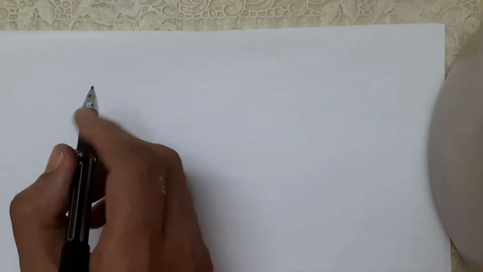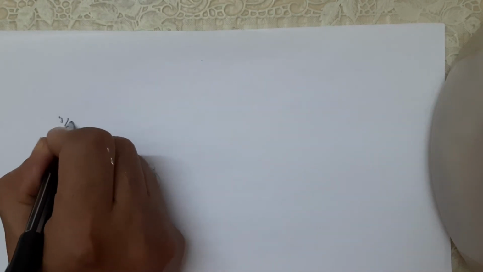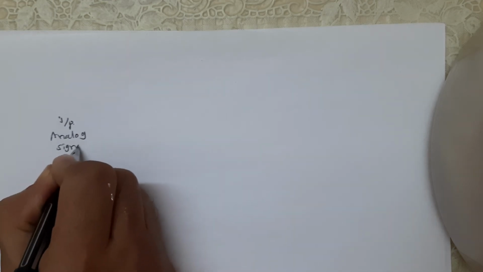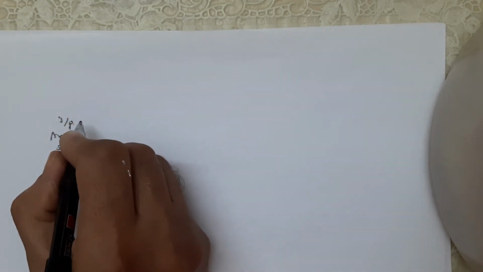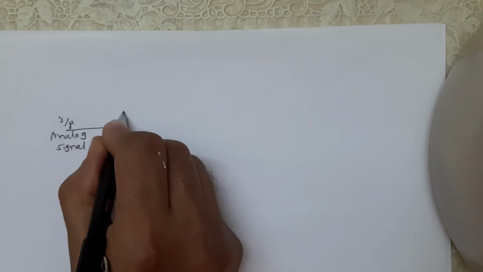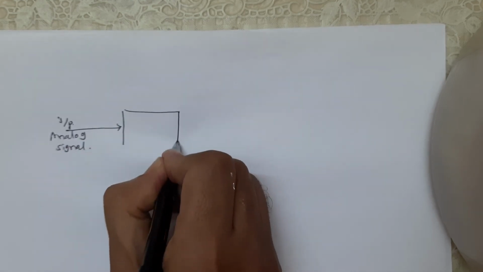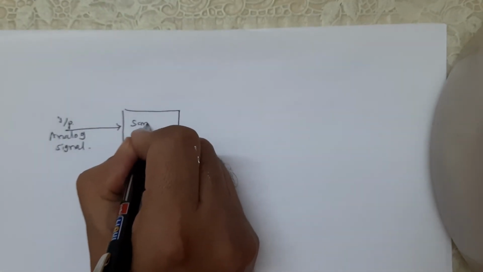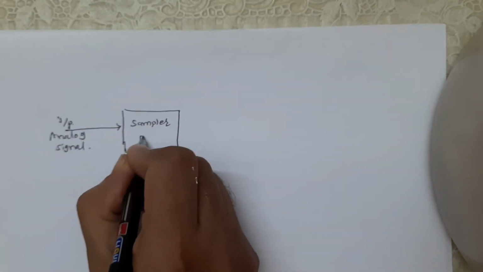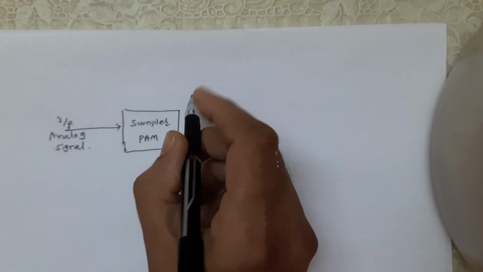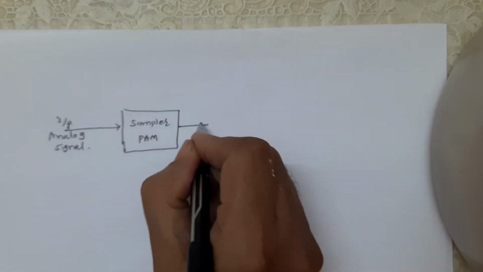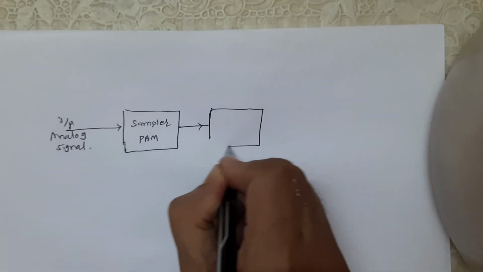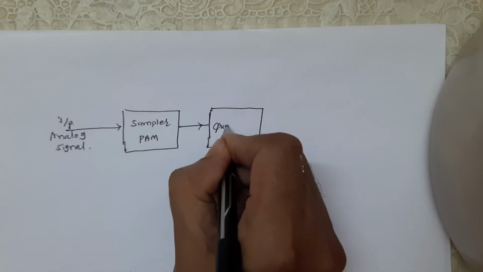This is your input analog signal. It is given to the sampler, PAM, pulse amplitude modulation. Then the second block is the quantizer.